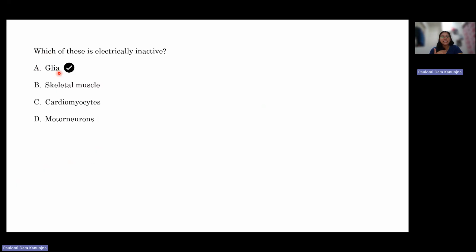So glial cells are inactive. Skeletal muscles generate action potentials, neurons generate action potentials, and cardiomyocytes, the cardiac muscle cells, also generate action potentials. Anything which generates an action potential is electrically active. Glial cells are not, because they are mostly concerned with structural support, metabolic support, myelination, and immune defense. These are the accessory functions in the nervous system other than the neuronal cells.